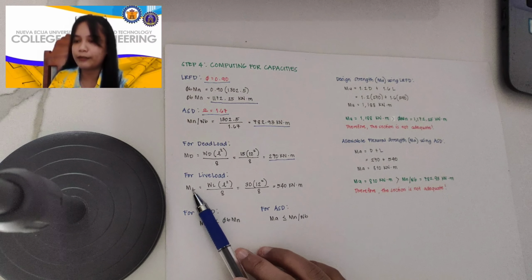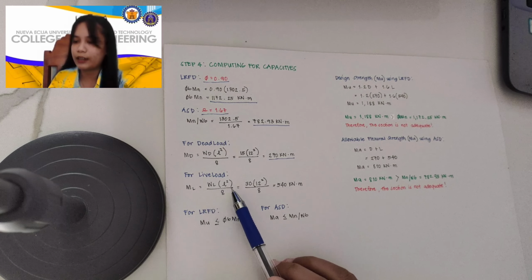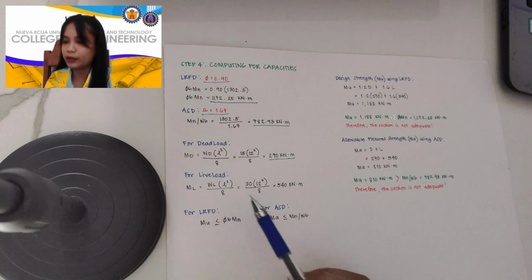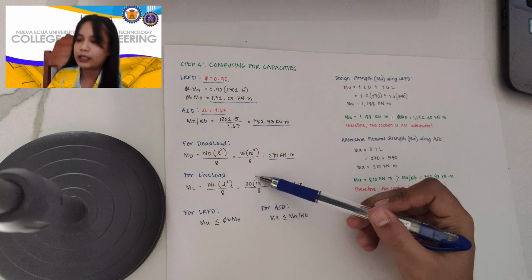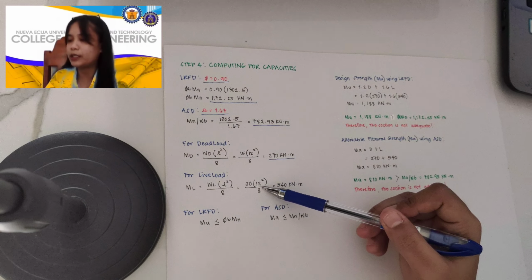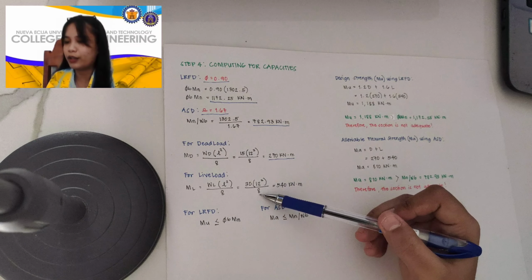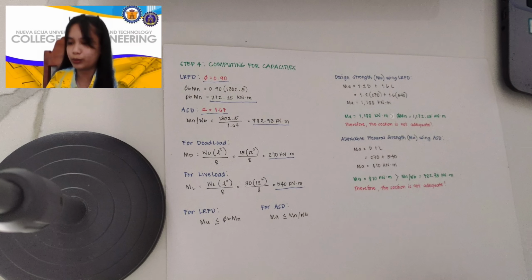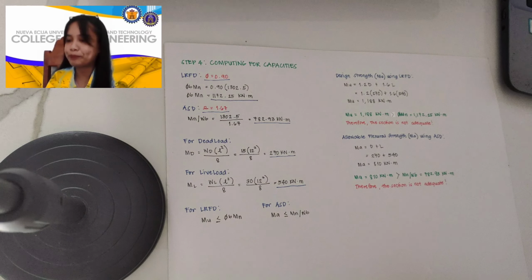For computing live load, ML is equal to the weight of our live load times our length squared over 8. By substituting, the weight of live load is 30 kilonewton per meter and the length is 12 meter, squared all over 8. So we will get the value of ML is equal to 540 kilonewton meter.